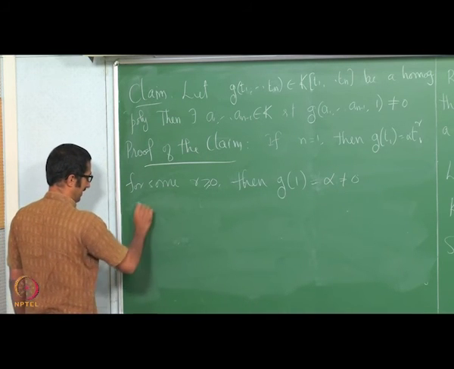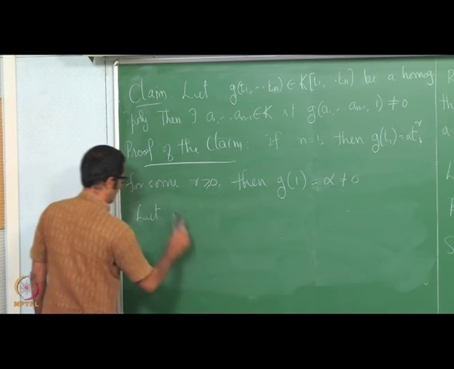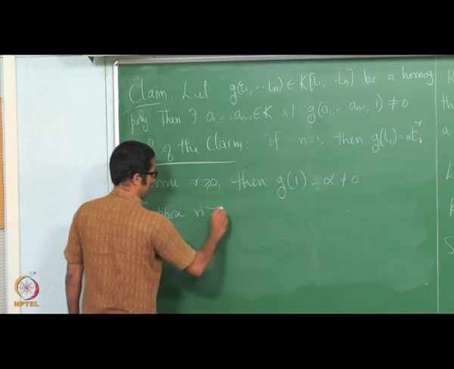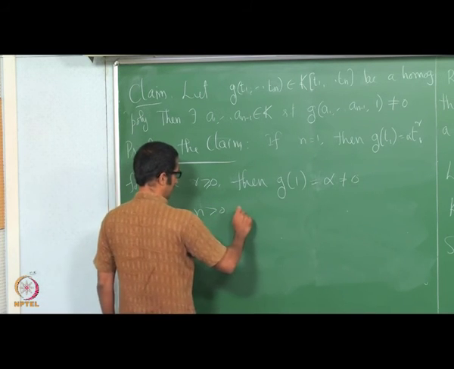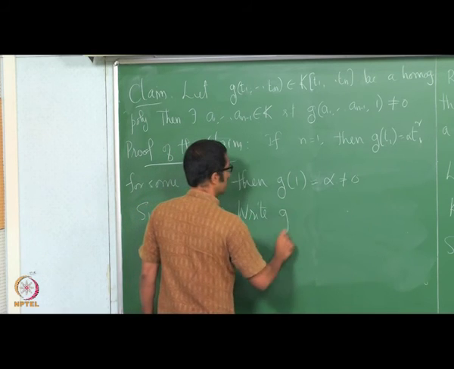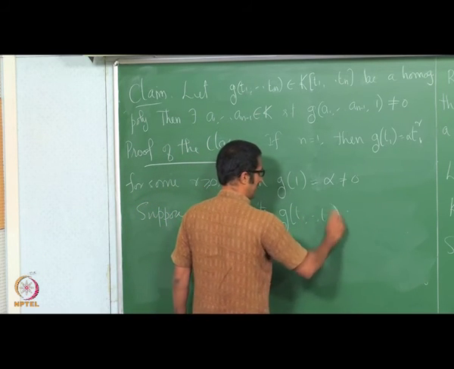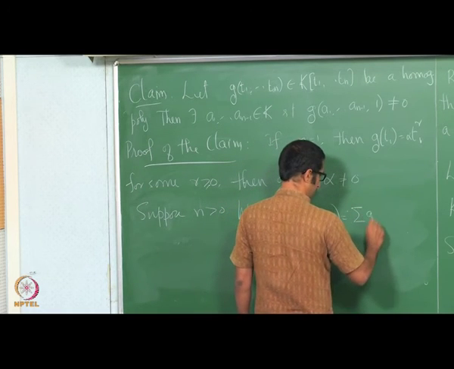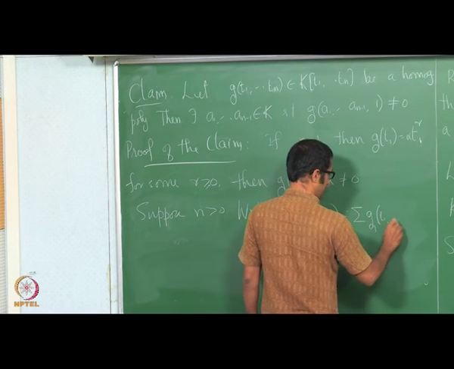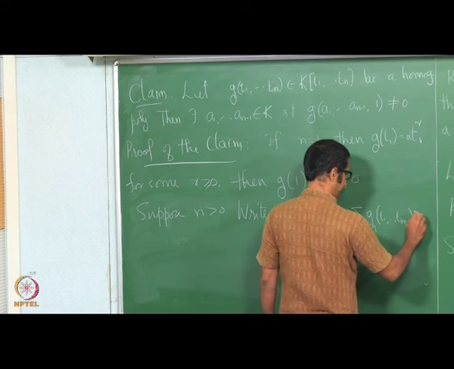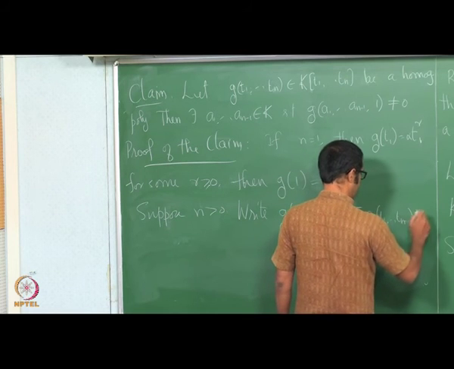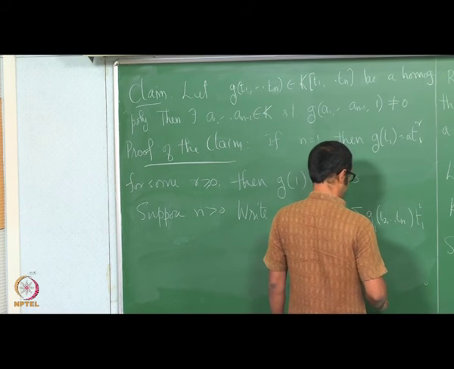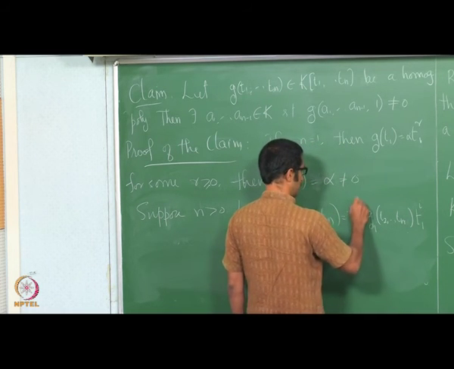So, now assume that n is positive. Write g(t1, up to tn) as the summation of g_i(t2, up to tn) times t1 to the power i, for i from 1 to d.